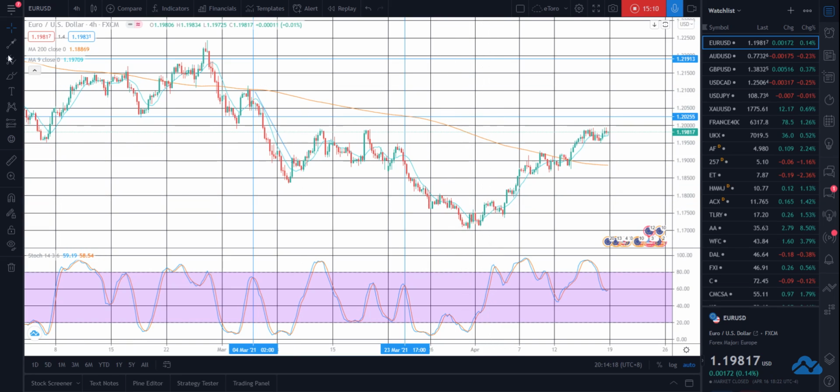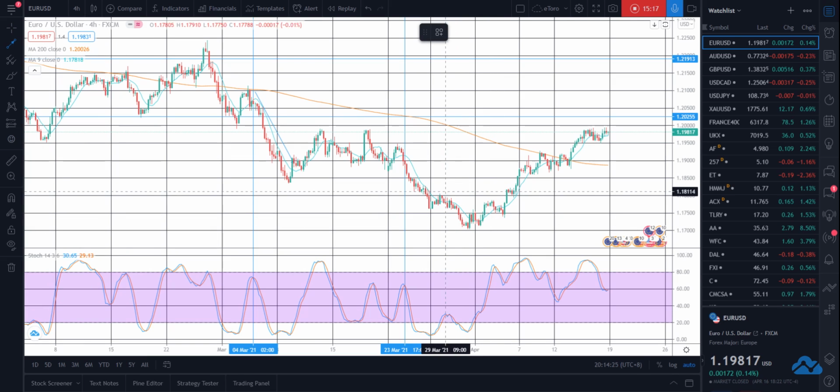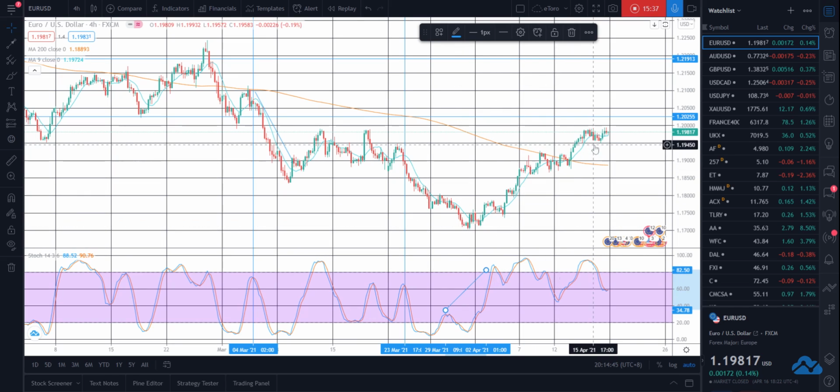So I'm just trying to show you what I mean. Here we have a higher high and here we have a lower high. Then that's a good indication of potential trend change. As we can see, the trend changes here, and we go from downtrend to uptrend.